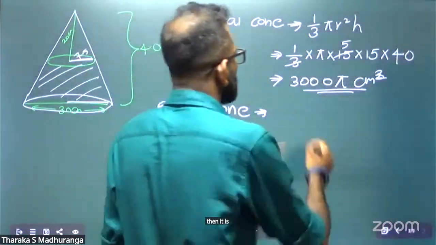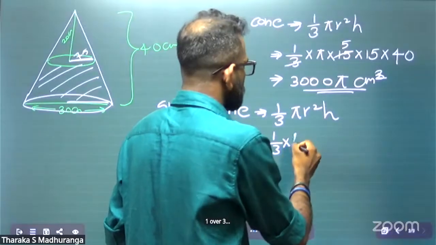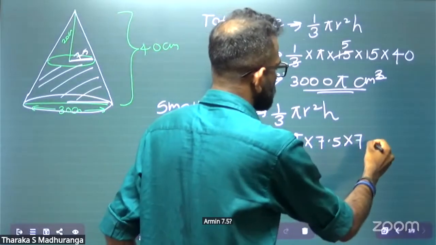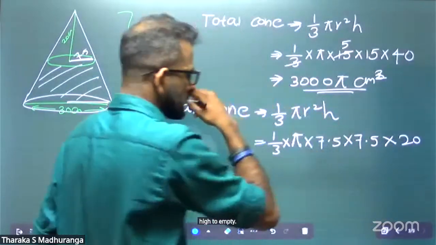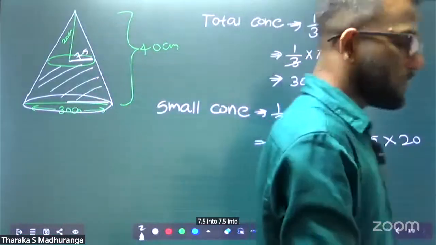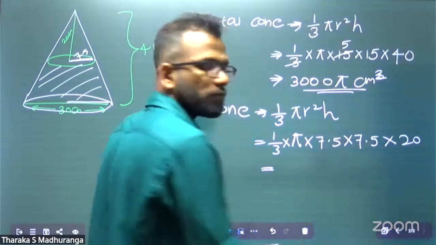Then for the small cone, 1/3 pi r squared h: 1/3 pi, r means 7.5 into 7.5, height 20. Okay, get this value and send me. 7.5 into 7.5 into 20 over 3 is 375 5, right?